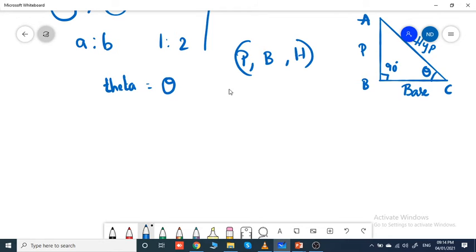For example, I'll take P and H, because I am using these for ratios.